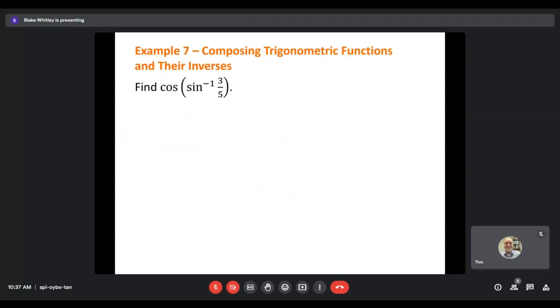All right, now number 7 says we want to find the cosine of the inverse sine of 3/5. Now, keep in mind that anytime we're using an inverse trig function, what we're finding is an angle. And so the first thing I want to do here is let theta be equal to the inverse sine of 3/5.